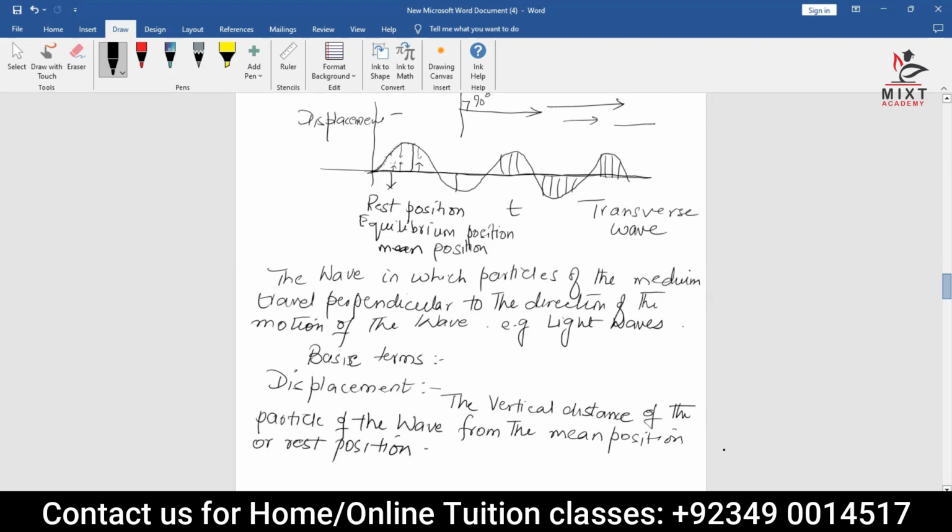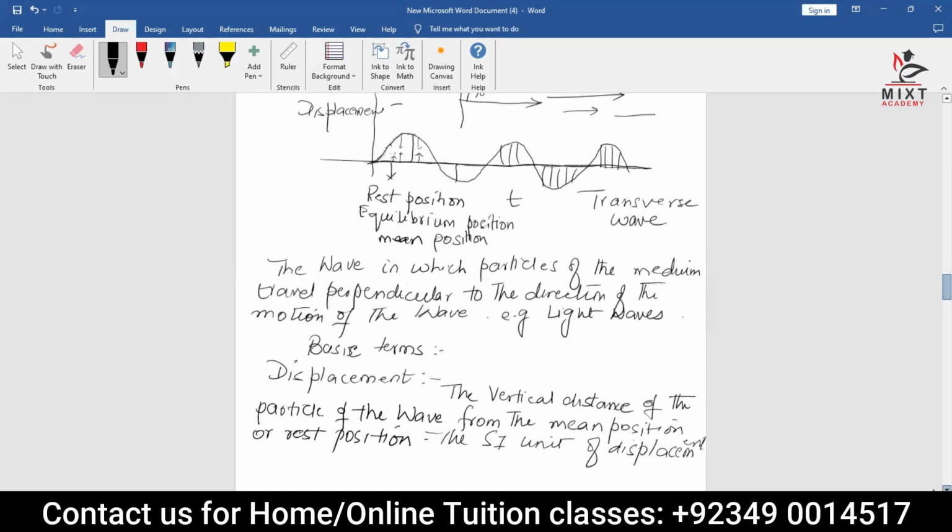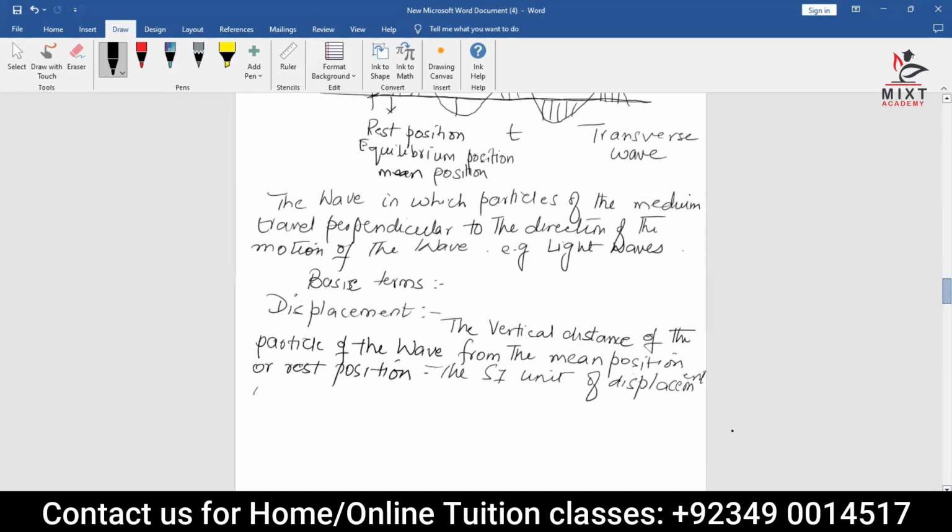This is what we call displacement. The SI unit of displacement. Yes, who will tell me what is the SI unit of displacement? SI unit of displacement is, yes, what is it? Meters.